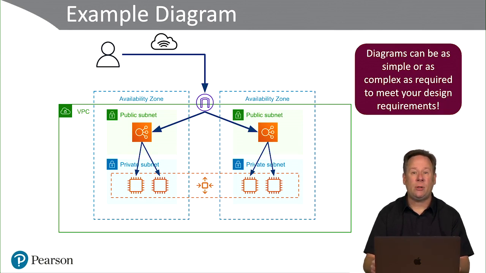The infrastructure in this diagram has been deployed into different locations called availability zones with different subnets. We have a bright orange load balancer that is taking that traffic from our end user and distributing those requests to an auto-scaled group of EC2 instances that are running in a different subnet. We're going to talk about all of these services and features as we go through the rest of our course.